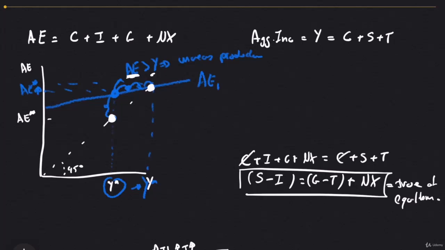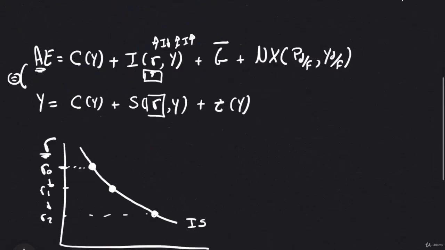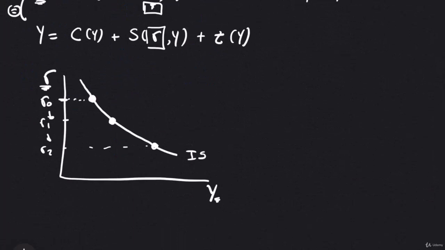There is no state of disequilibrium as long as that stays true, and that's why every point on the IS curve is one of the equilibrium points.